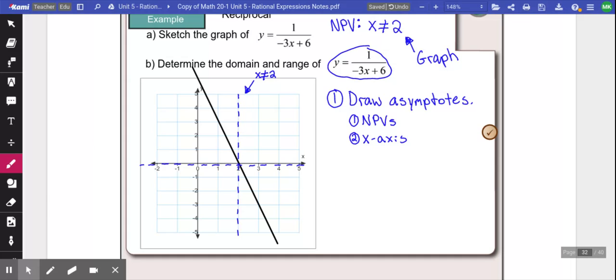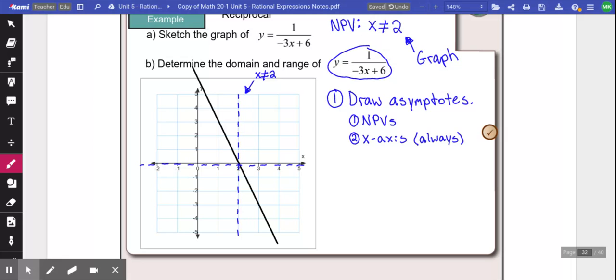It'll always be there. So you don't need to worry about ever wondering if it's there. It'll always exist. You'll never be able to cross the x-axis. And we'll get into y in a bit. Next year in Math 30-1, that will move. So it is possible that it can move. But for this year, it's always the x-axis. So if I go to graph this thing, the first thing I do is I draw the asymptotes, which are the NPVs, and I draw the x-axis asymptote.